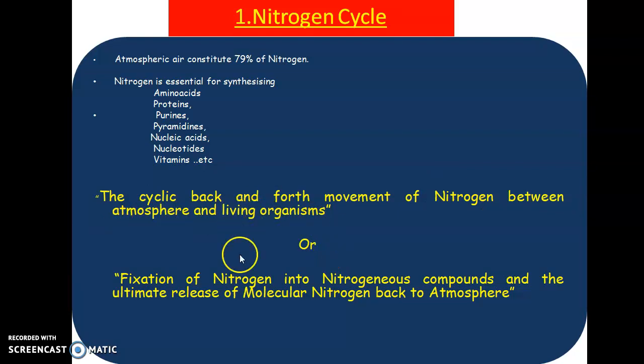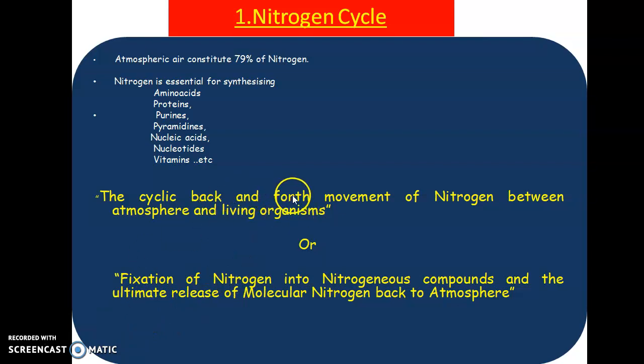More clearly, it involves the fixation of atmospheric nitrogen into nitrogenous compounds that can be used by the living system like plants and animals, and the release of molecular nitrogen, formed by the breakdown of these nitrogen compounds, back into the atmosphere for repeating the cycle once again. So this is called the nitrogen cycle.